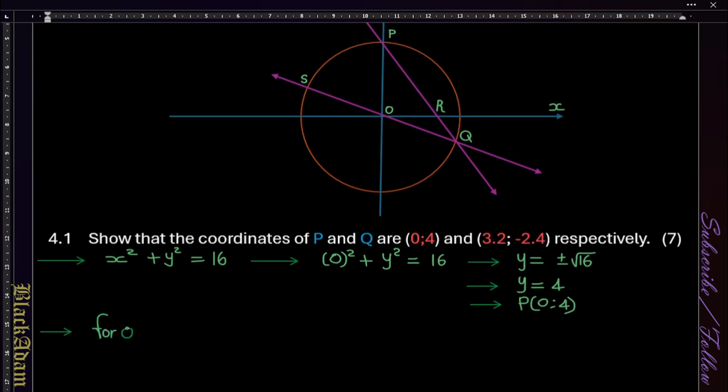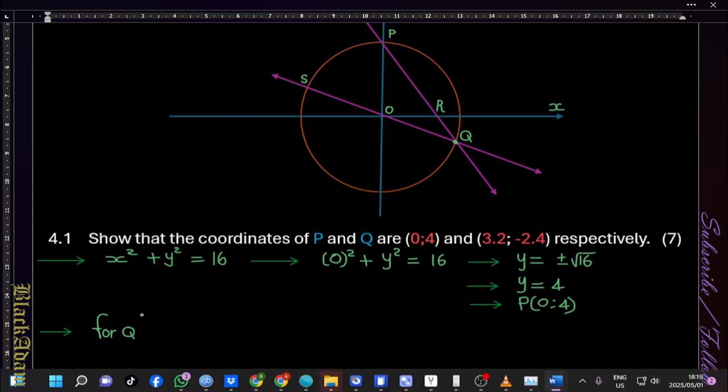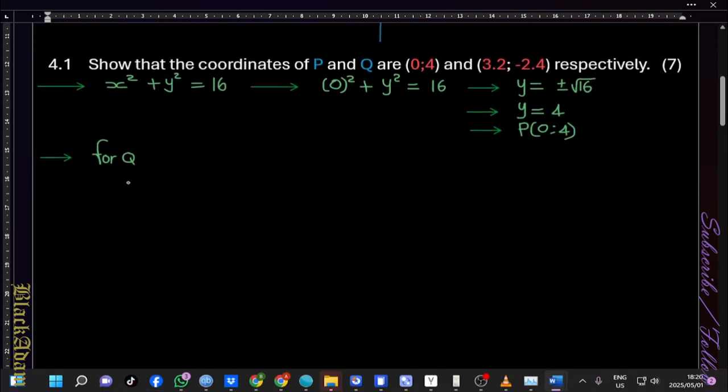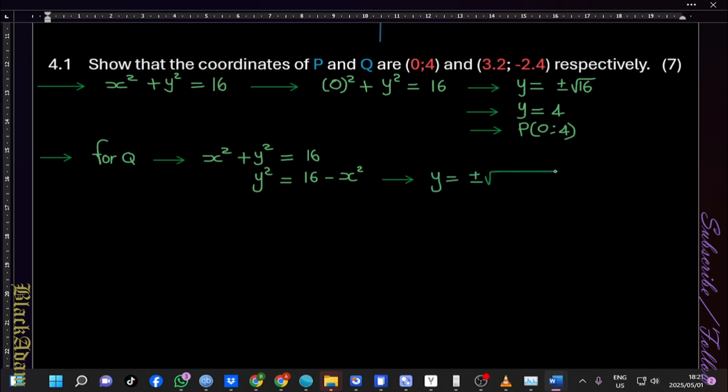Now for point Q, we have to use again the equation of the circle, which is x squared plus y squared is equal to 16. Solving for y, y squared is equal to 16 minus x squared, so y is positive or negative square root of 16 minus x squared.